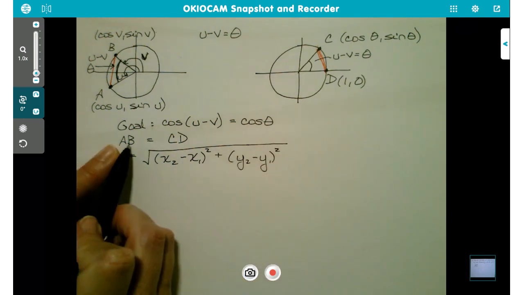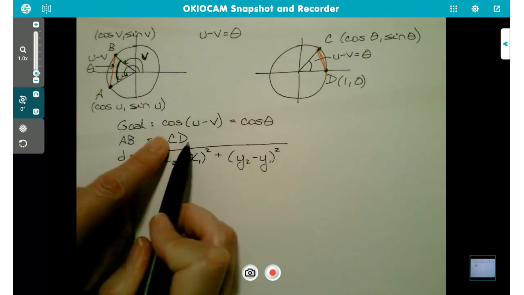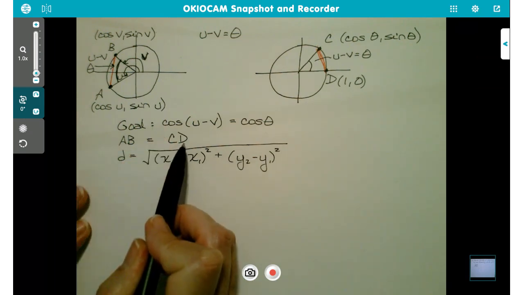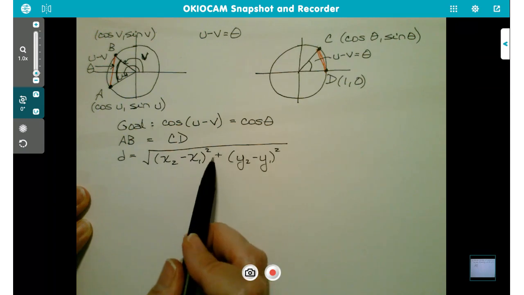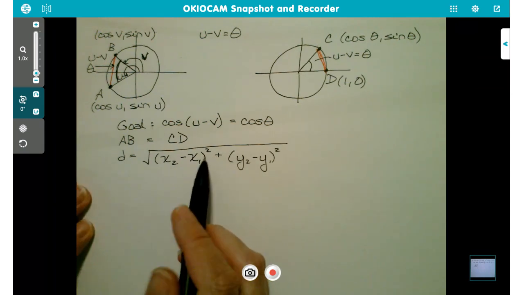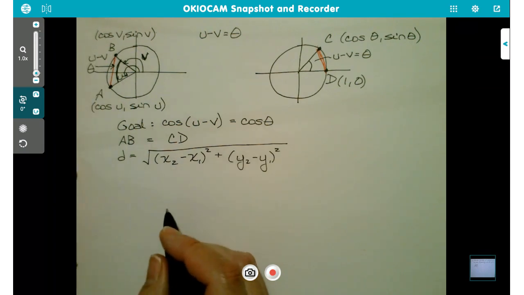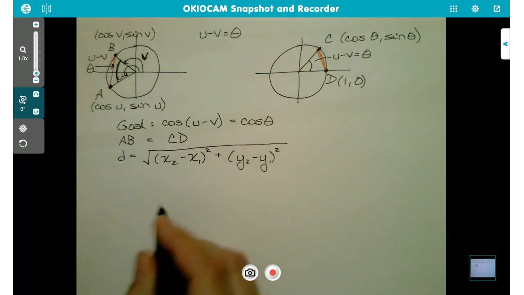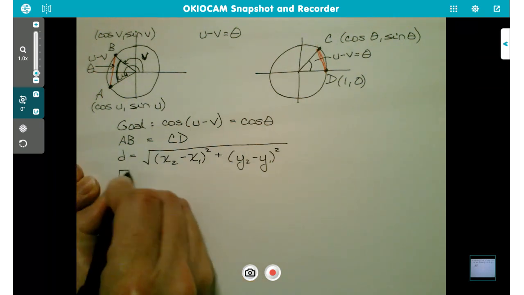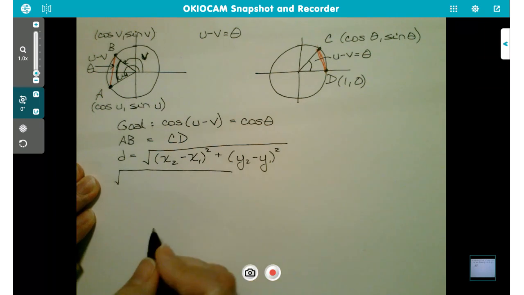Well, if I do that for AB and I do that for CD, I should get two distances that are the same since those two segments are the same length. So that's what I'm going to do. The distance from A to B, I'm going to look at the difference of their x coordinates. I have my big giant square root here.